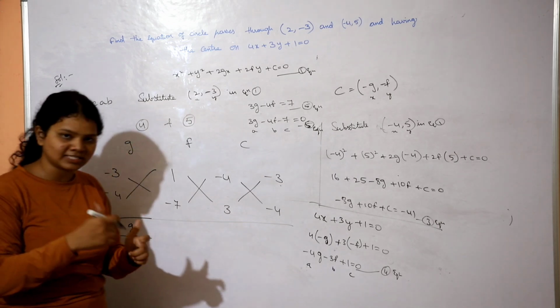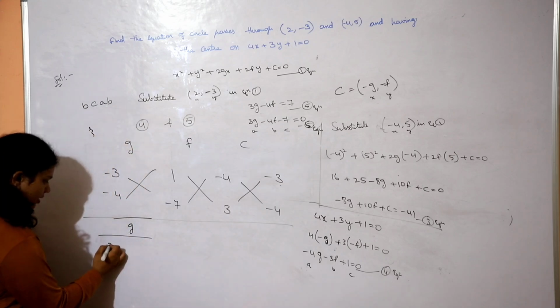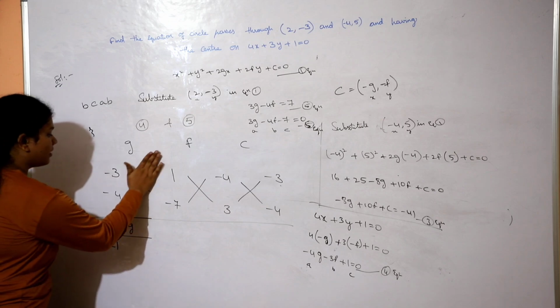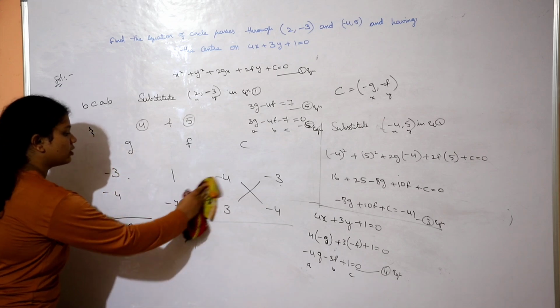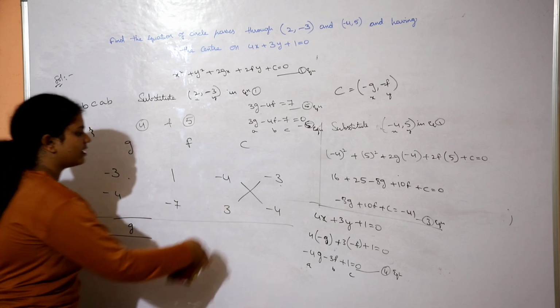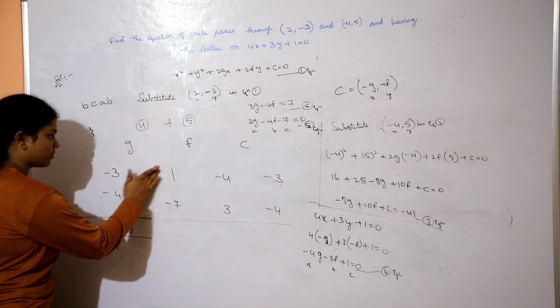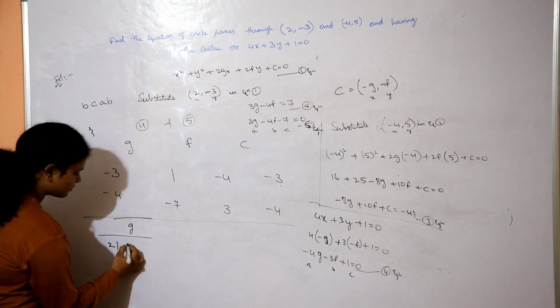Minus into minus is plus, so this becomes plus 21. Now again here you are having minus 4 into 1. What's the value of minus 4 into 1? Minus 4. Very good. And into minus, this becomes plus 4.